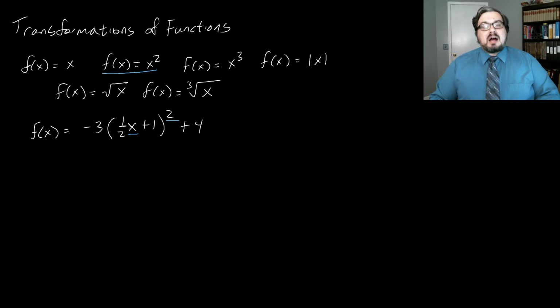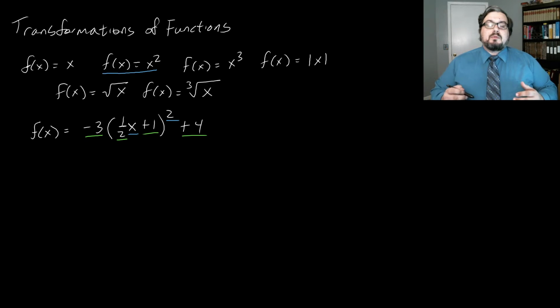Now, of course, there are a lot of other things that are happening here. We've got numbers that are being multiplied both outside these parentheses and inside them. We've got numbers that are being added both inside the parentheses and outside of them. We could have numbers being subtracted or divided as well, just as easily.